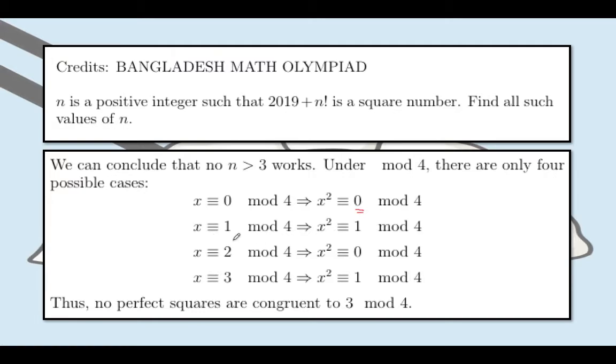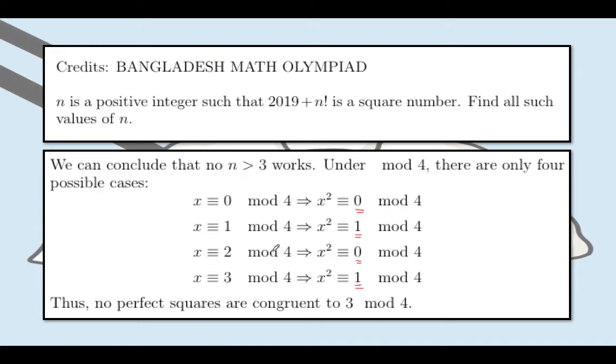If x is 1 mod 4, then x squared will simply be 1 squared, which is 1 mod 4. If x is 2 mod 4, then x squared should be congruent to 4 modulo 4, and since 4 is congruent to 0 under modulo 4, we just have 0 here. If x is congruent to 3 modulo 4, then x squared will be congruent to 9 modulo 4, and 9 is congruent to 1 modulo 4, so we have 1 here.